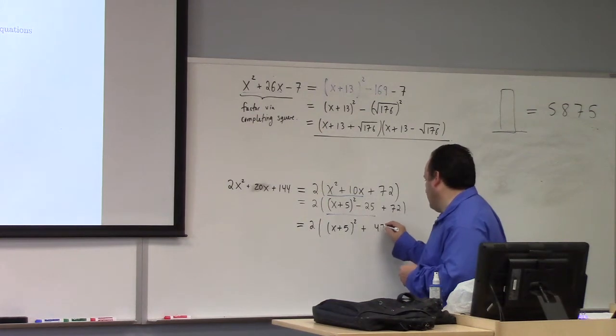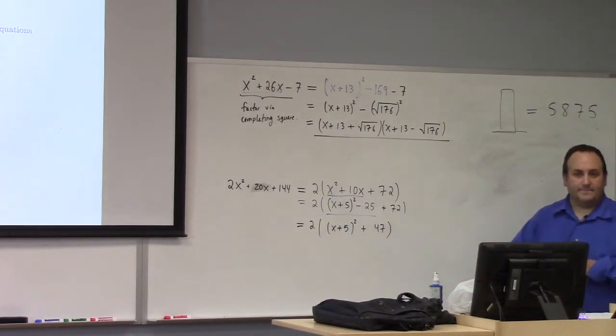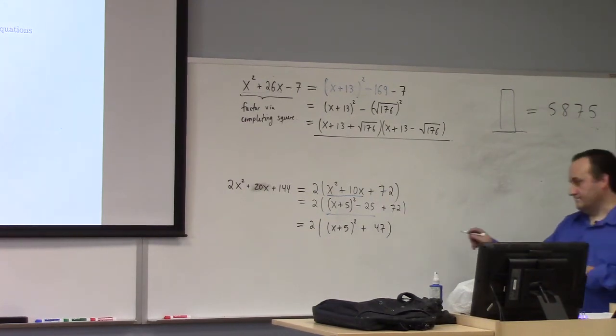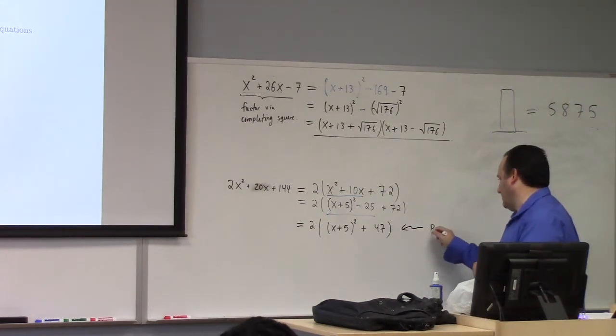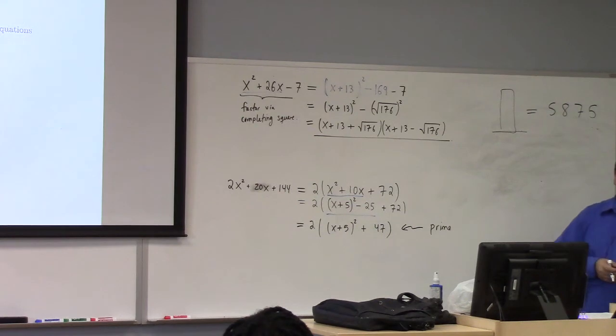So plus 47. So this is prime, in the sense that this cannot be factored over the real numbers.